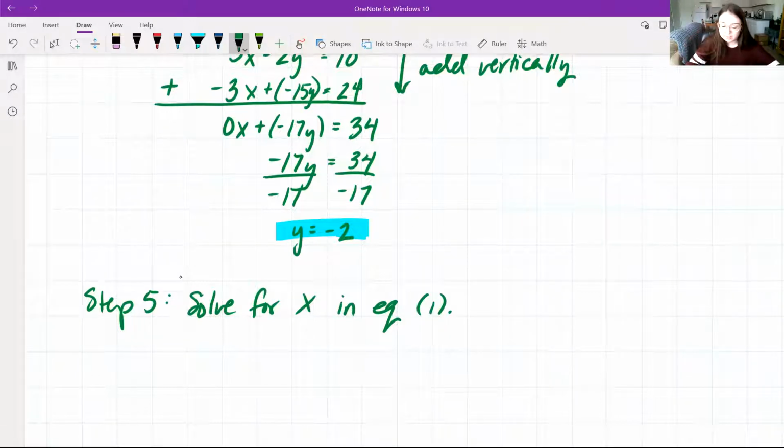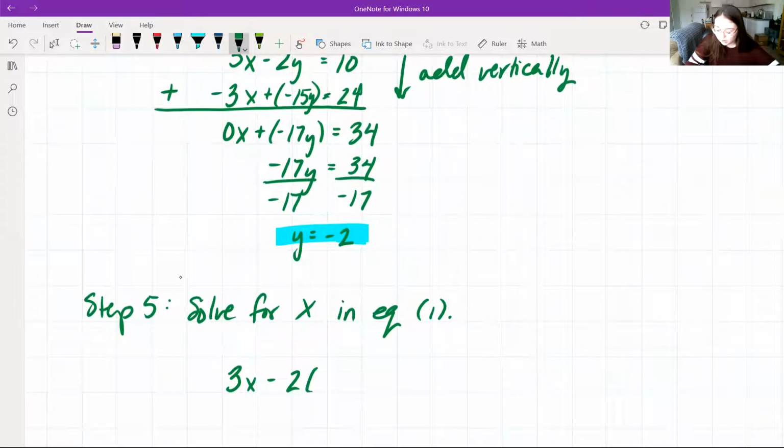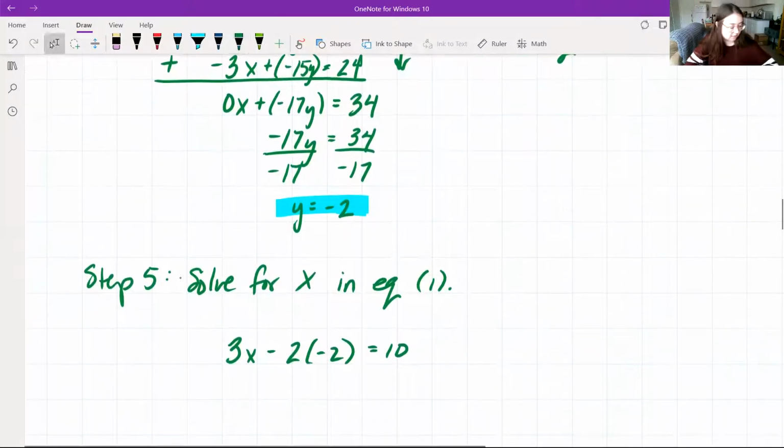So if we solve for x in equation 1, which was 3x minus 2 times y, where y is -2, is equal to 10.